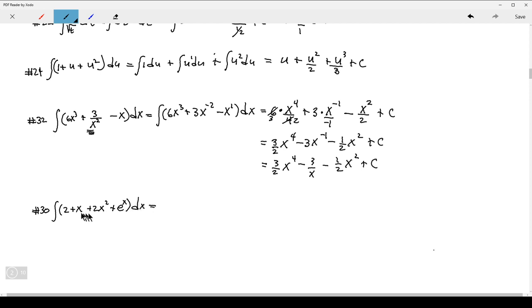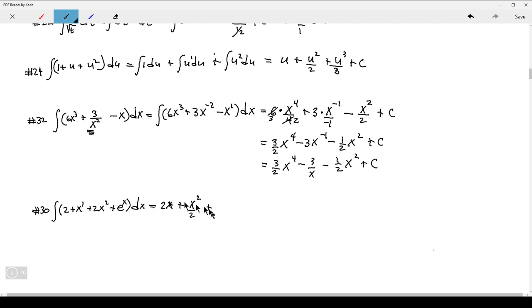If we go at this one term by term, the antiderivative of 2: the antiderivative of a constant is the constant times the variable. So this becomes 2 times x. Plus x, which is x to the first, so I have to use the power rule on that. I add 1 to the exponent and divide.